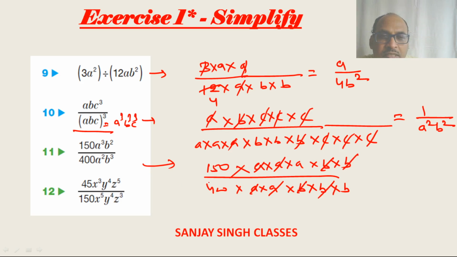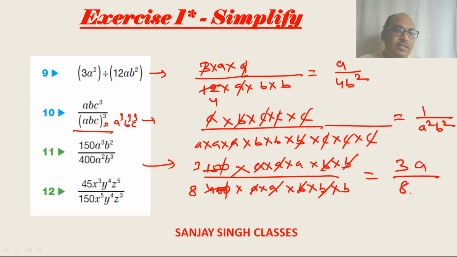Now what about 150 by 400? So 10 10 has got cancelled. Then 5 3 are 15, 5 8 are 40. Okay, so it will become 3, and in the numerator A is there, then 8, in the numerator B is there. So 3 by 8 A by B. Sorry, 3A by 8B. Okay.